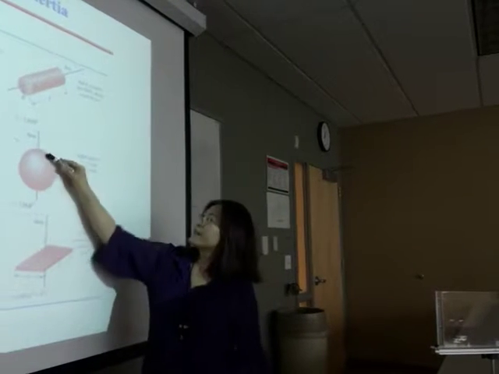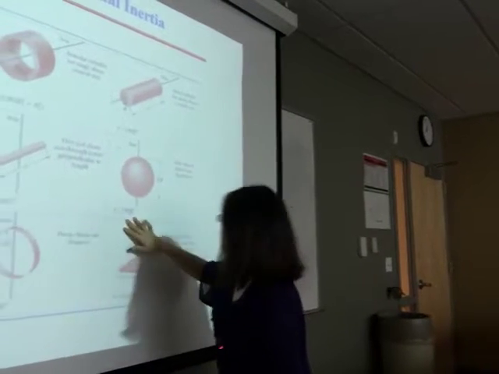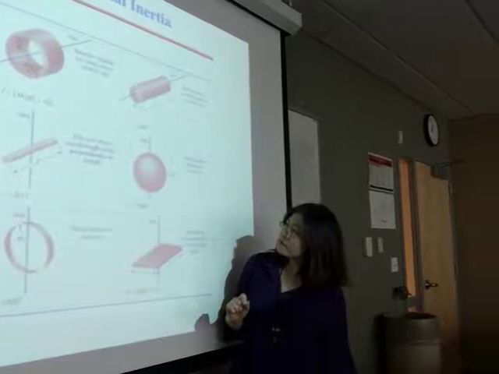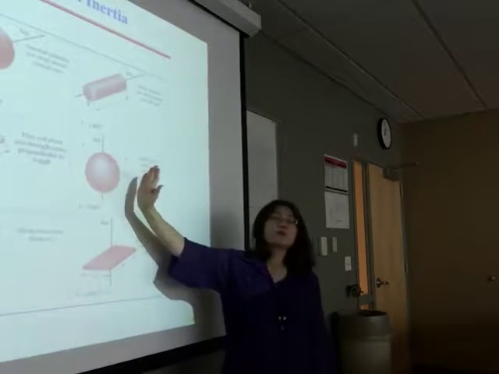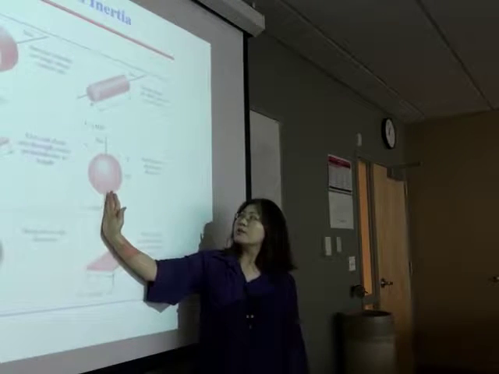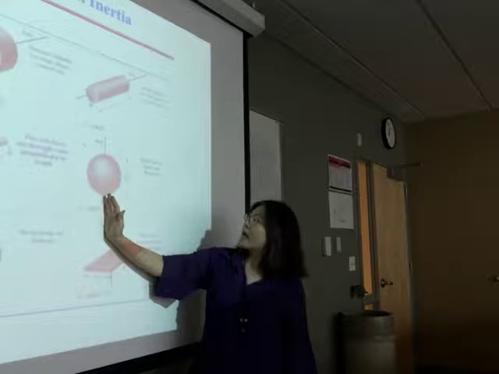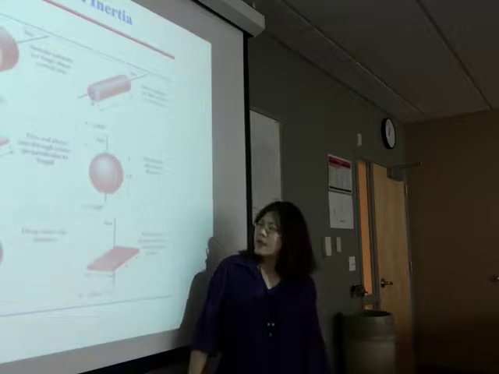For example, this is a solid sphere. This is so fuzzy. I can't even tell what this is. It's 2/5. I think it's 2/5. So you have the rotation through the diameter. So the I will be 2/5 mr squared. Yeah, it's 2/5.